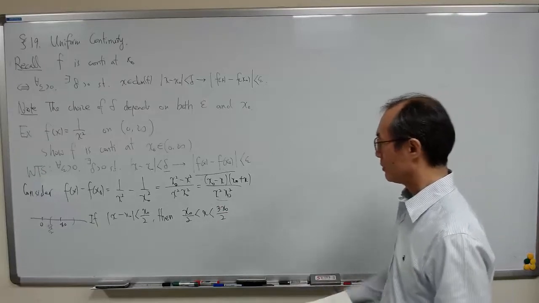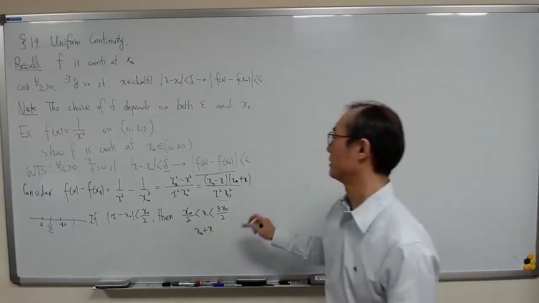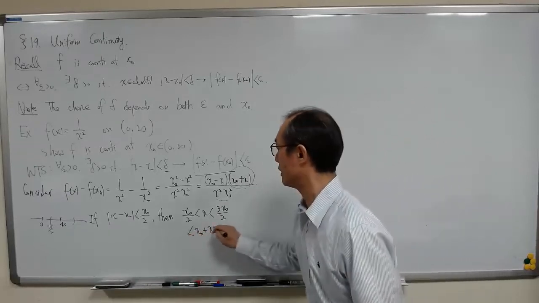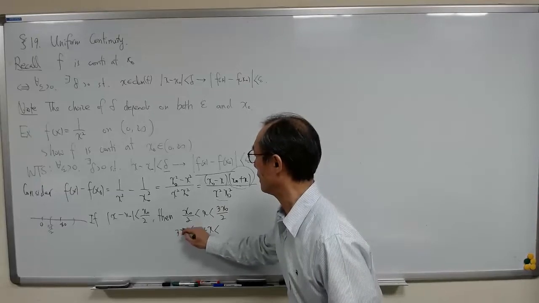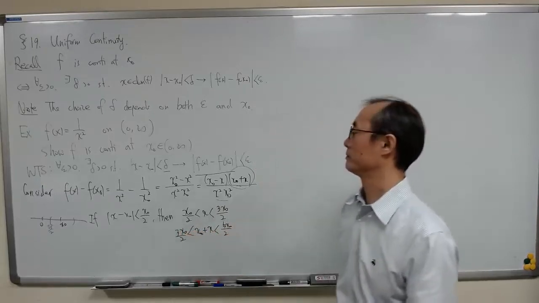Which means this term x naught plus x in the numerator belongs to the interval from 3 x naught over 2 to 5 x naught over 2.